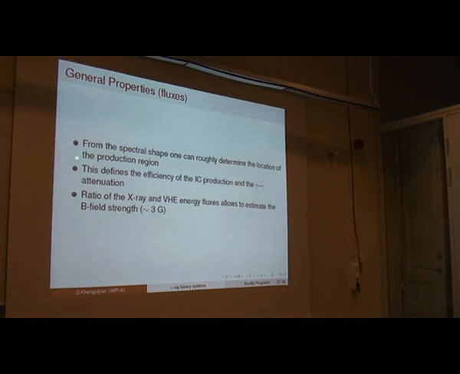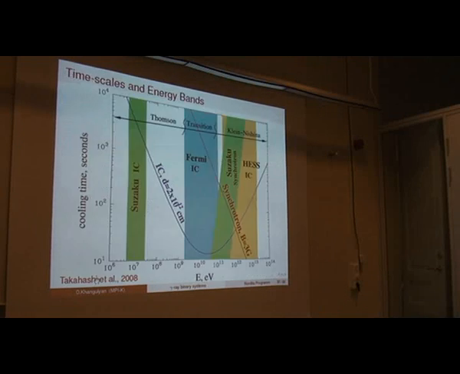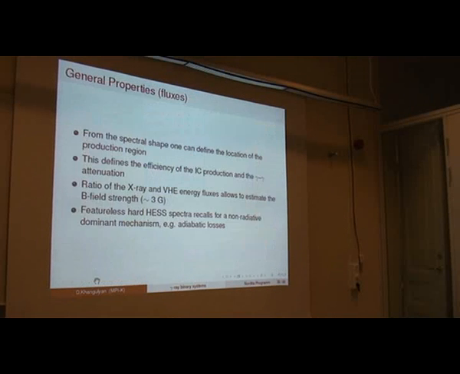So, using the fluxes in the TeV and X-ray energy bands, these fluxes are linked to the cooling times, which are indicated by this red line for synchrotron and this blue line for inverse Compton. From the spectral shape, we may define the location of the production region. We may define the strength of the magnetic field from the fluxes.